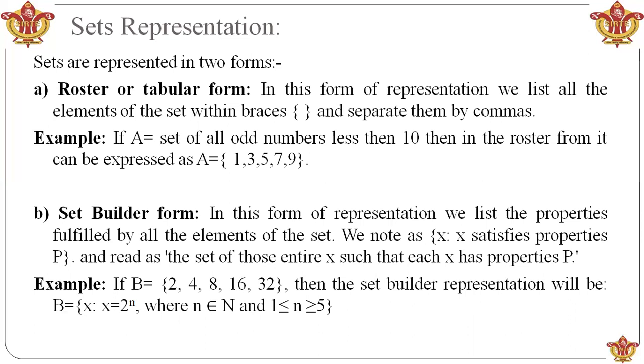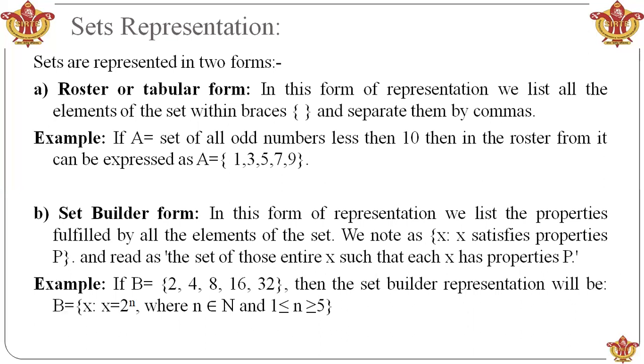If B is the set of 2, 4, 8, 16, 32, then the set builder representation will be written like this: B equals curly braces x colon x equals 2 to the power n, where n belongs to capital N. Capital N means all the natural numbers.